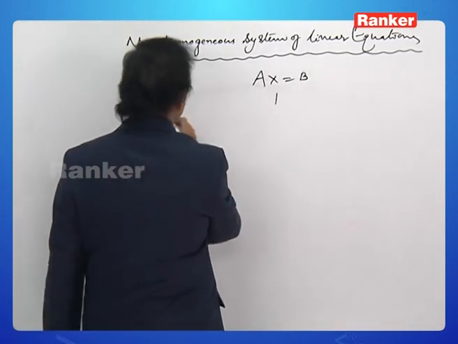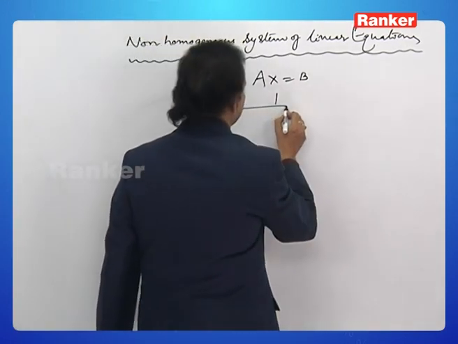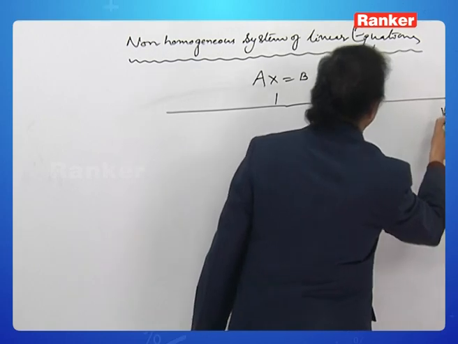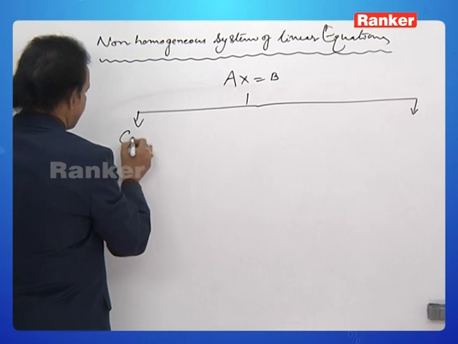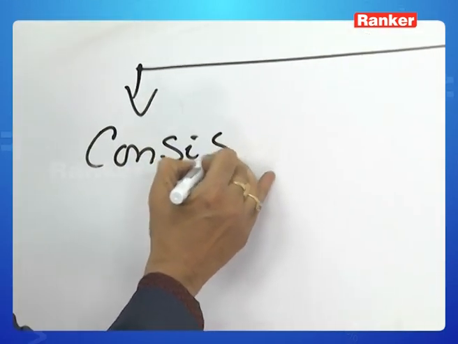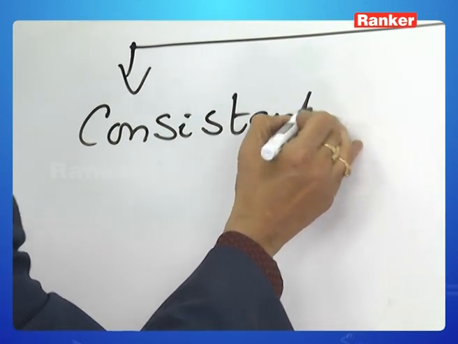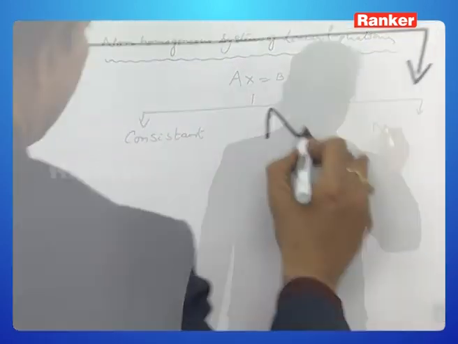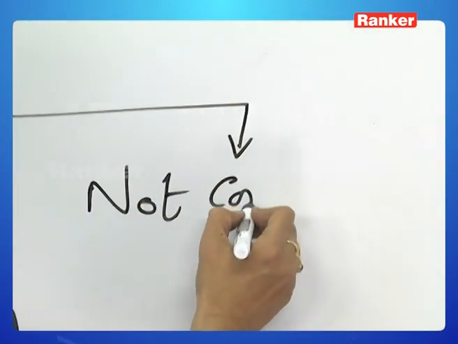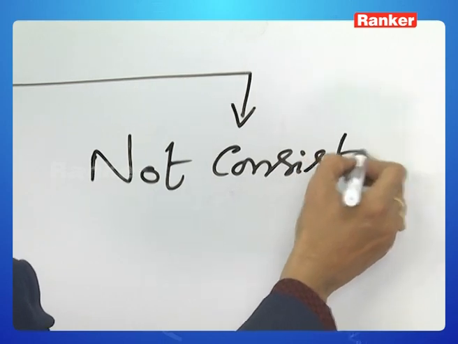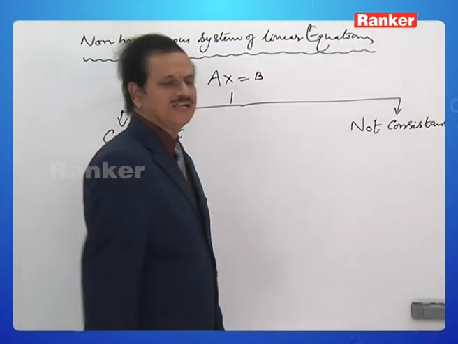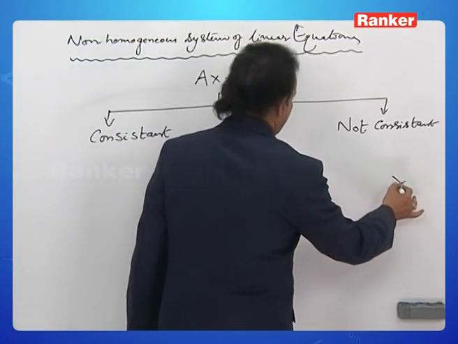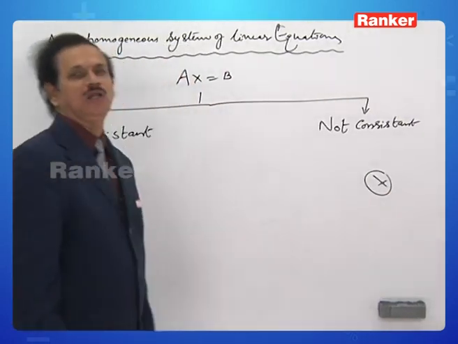What are the cases? Consistent, not consistent. If the system is not consistent, there itself the chapter is closed. There is no more discussion at all.